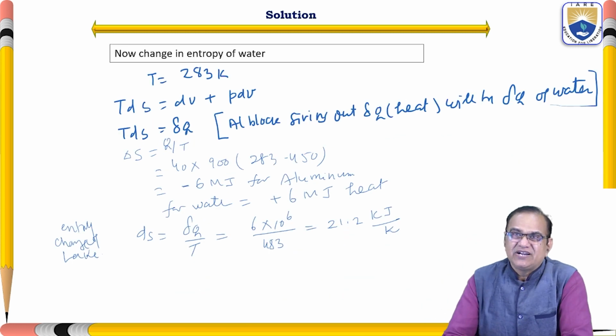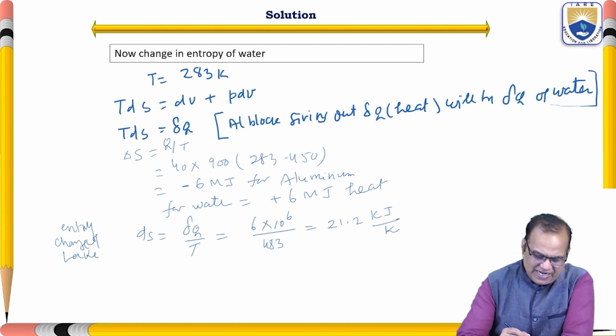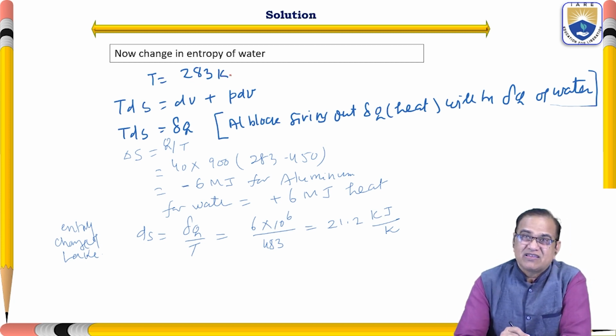Now the change in entropy of the water. How much is the water changing? T is given as 283 Kelvin. The block is giving out dQ heat, which will be the dQ of the water.